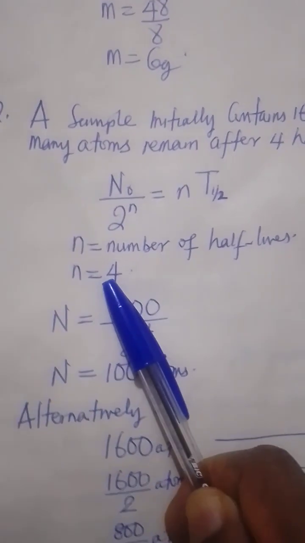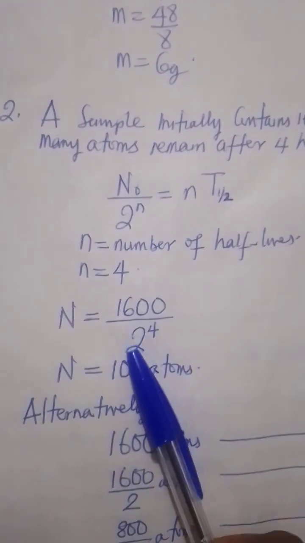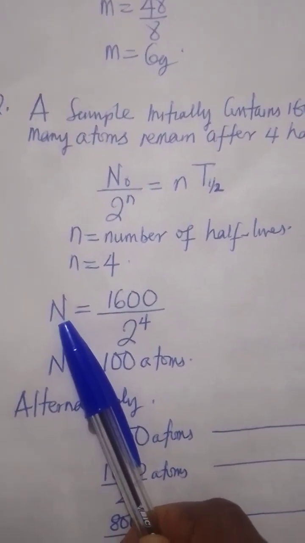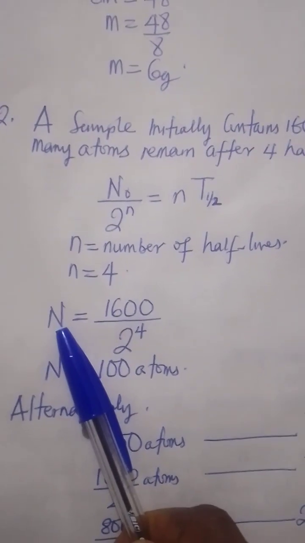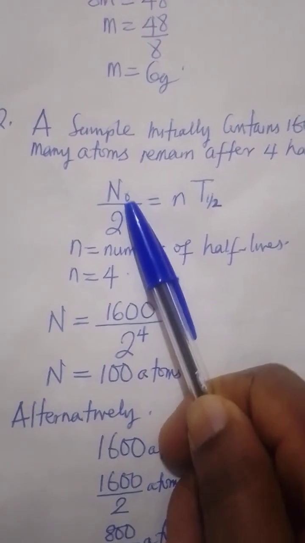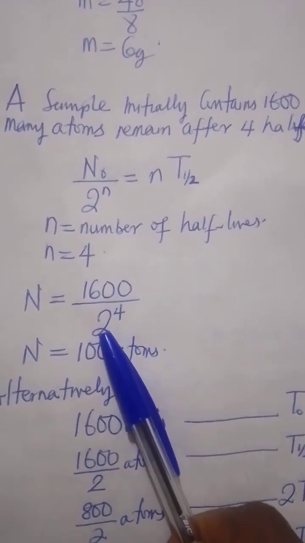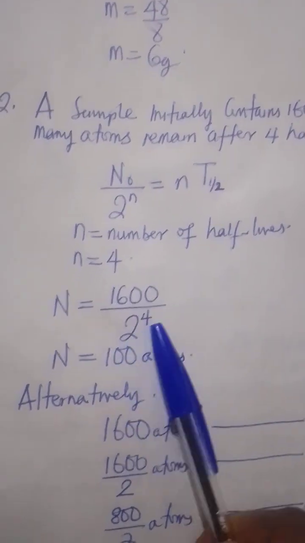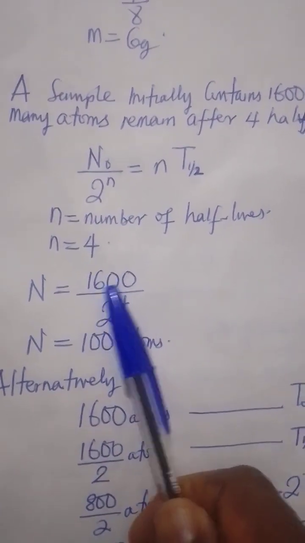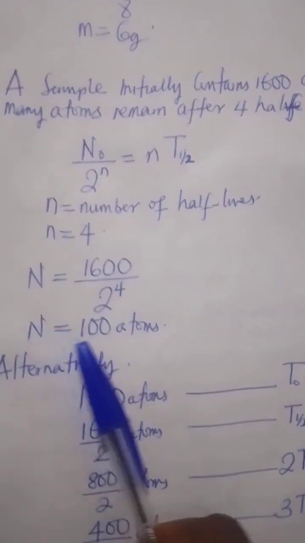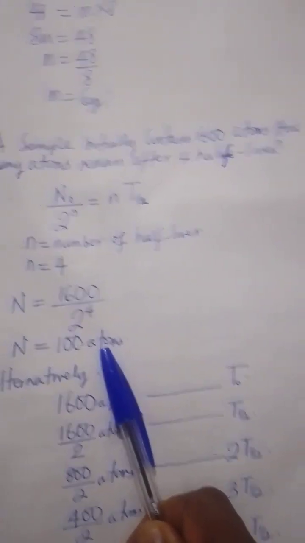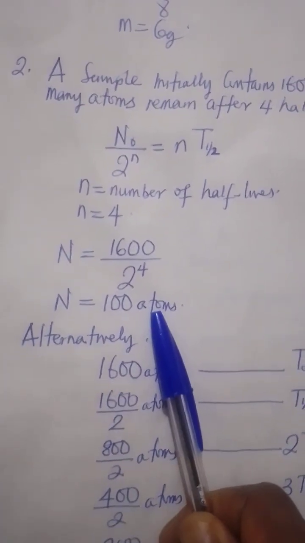And so if we integrate that into the formula, N is the number of atoms remaining after disintegration. And so that would be the original number of atoms, 1,600 over 2 raised to the power 4. 2 raised to the power 4 is 16. If you do 1,600 divided by 16, that will give us 100 atoms. So 100 atoms are left after the disintegration.